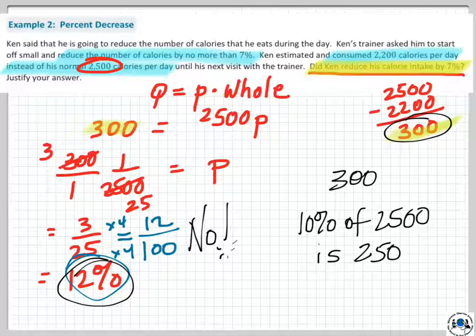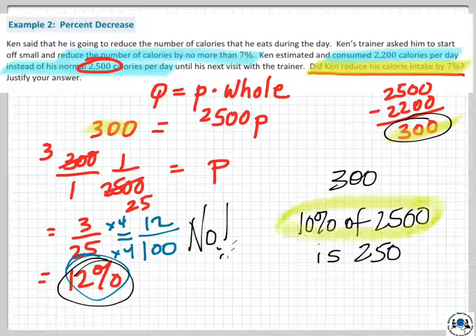If we know that he reduced his calorie intake by 300, because we can do the 2,500 minus the 2,200, we can just estimate. We're trying to find out if he reduces calories by no more than 7%. Well, I can already know right away that 10% of 2,500, which was his original or normal calorie intake, is 250 already.